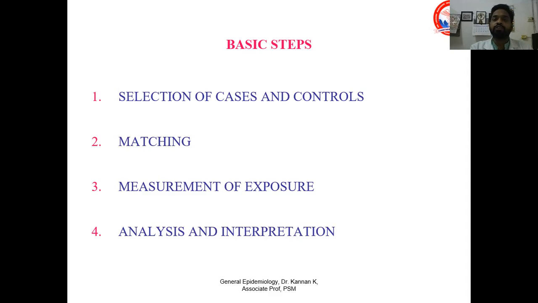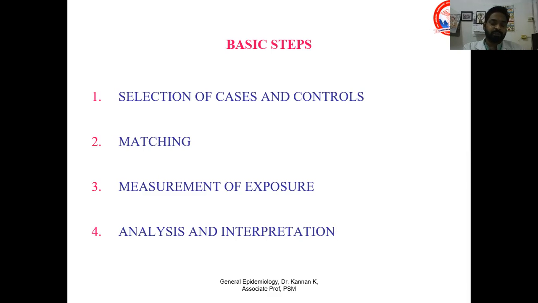Cases and controls should be in the same age group, same socioeconomic status, and same environment, except for that disease. Cases should have the disease and controls should not have the disease. Except for this point, other things should be equal in both cases and controls. To ensure that, we do matching.